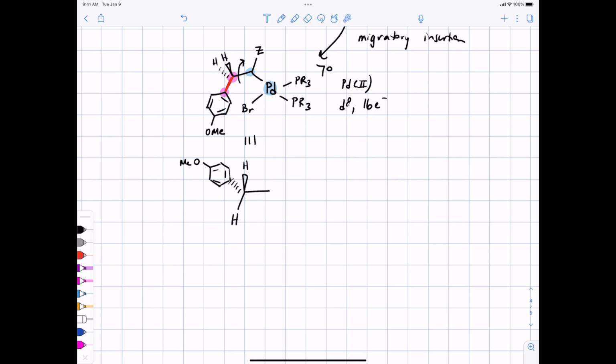And though I didn't show stereochemistry of the Z group, and I'm only showing you one of the possible orientations, the most stable conformation of this intermediate is the one where the large aryl group is opposite the Z group.